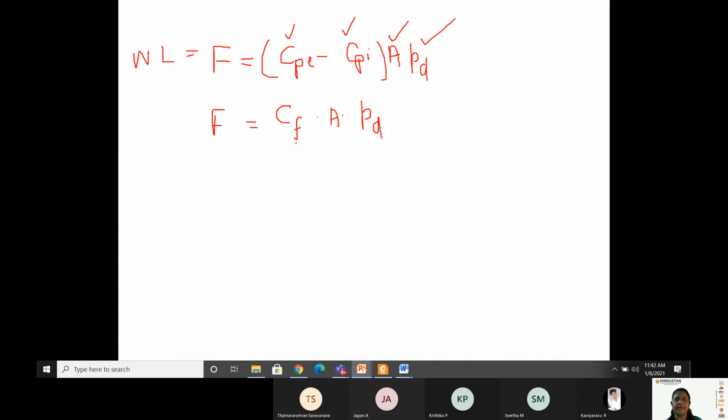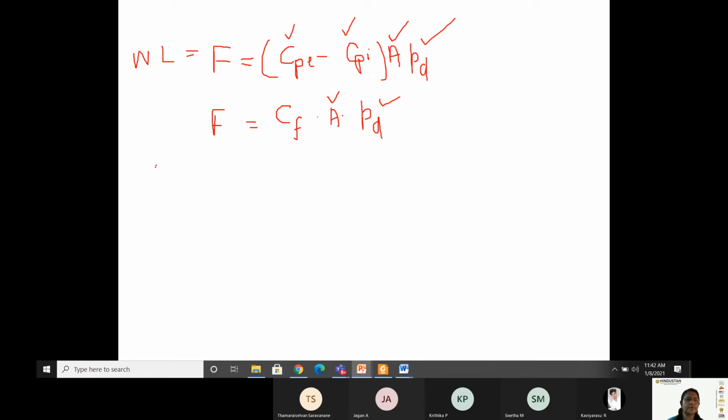Once you know the force coefficient, the design wind pressure and the area, you can calculate the wind load on the structure. Is it clear?